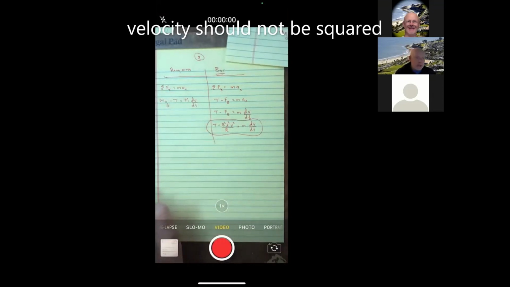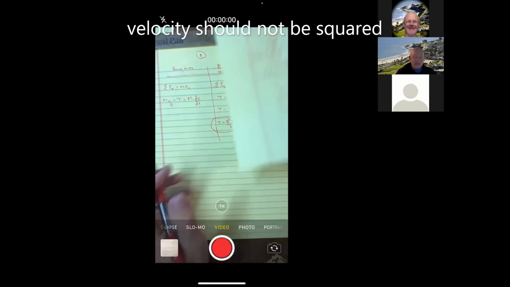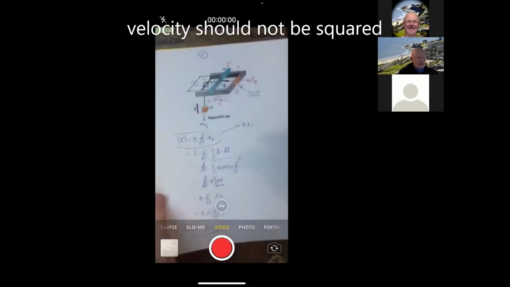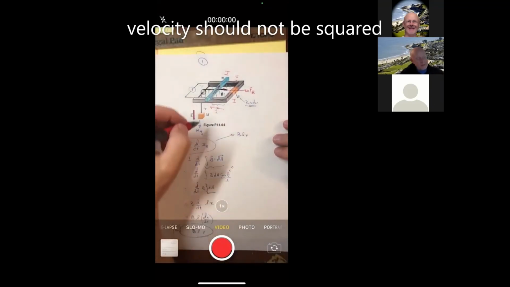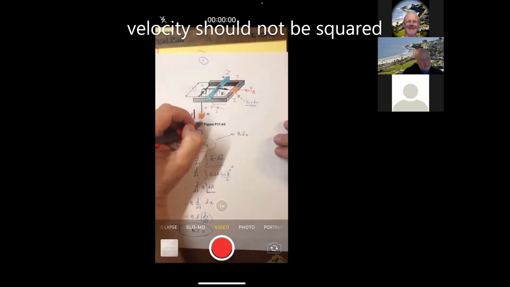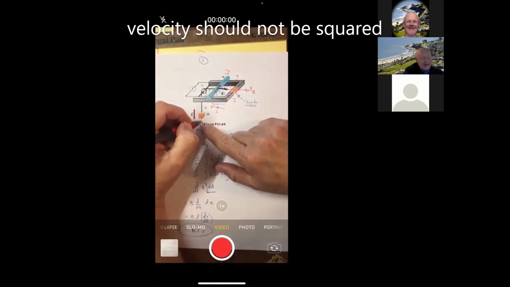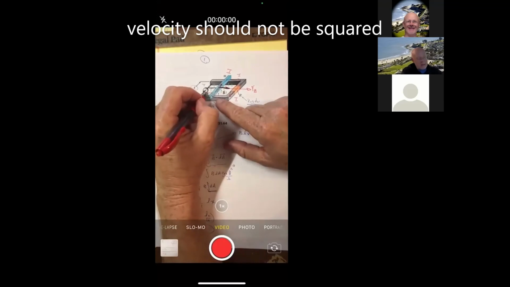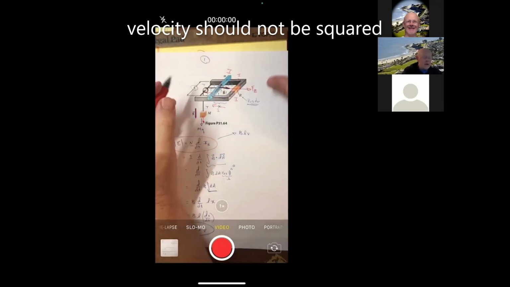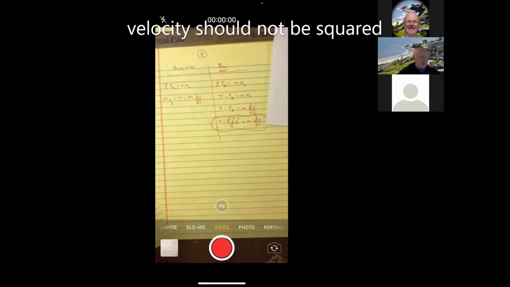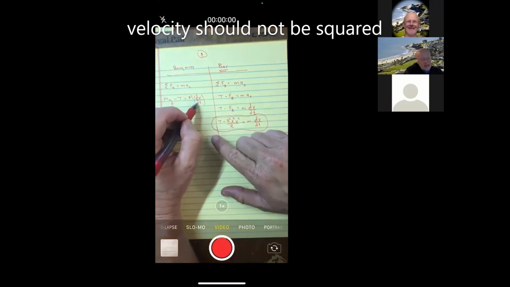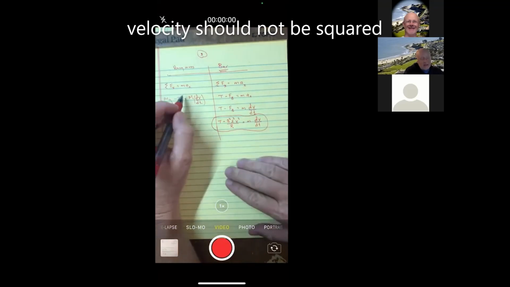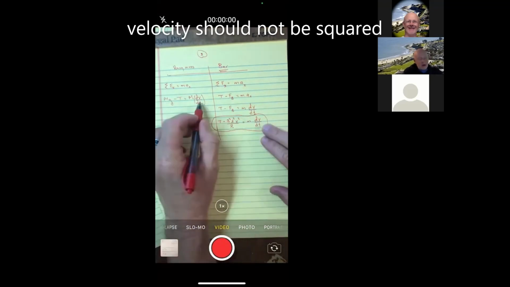Although, this is kind of nice, since they are hooked together with this string, the acceleration of the one going down and the bar going left are the same. So the dv/dt of the hanging weight and of the bar are actually one and the same.